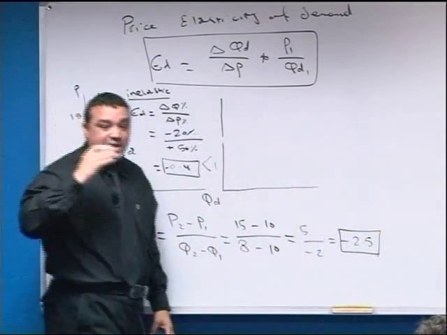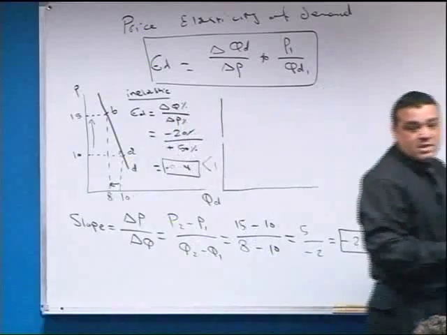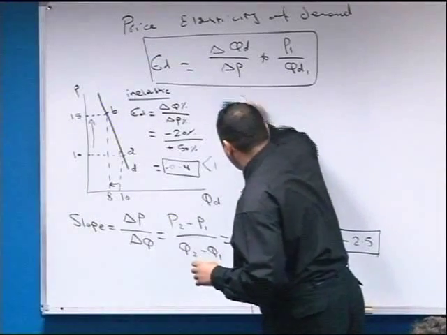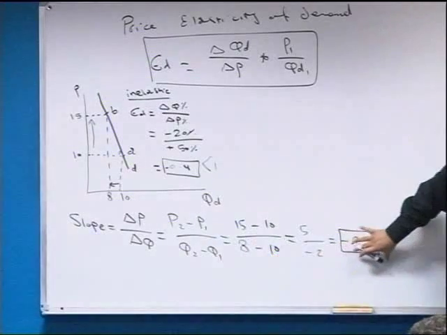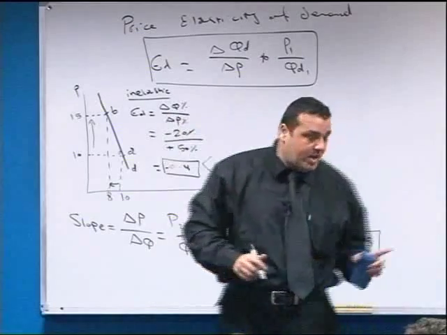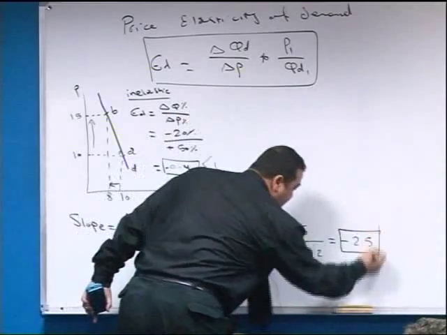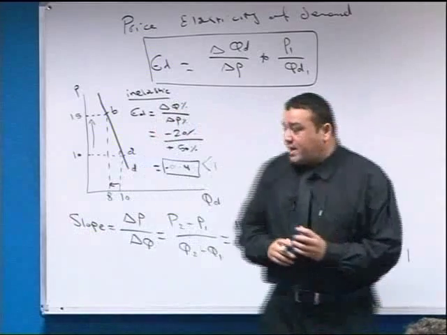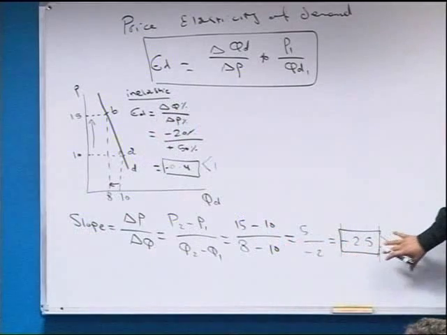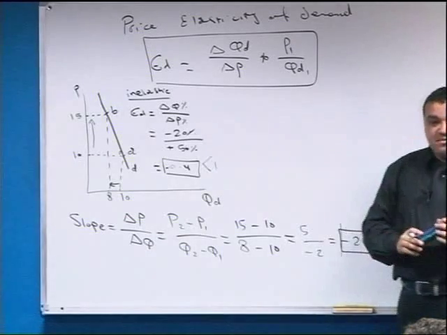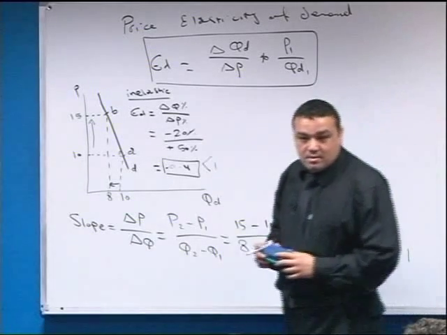Now the absolute value of the slope is larger than 1. So as you see, when the slope is high, the demand is inelastic. When the slope is larger than 1, the demand is inelastic. This is the first case, right?